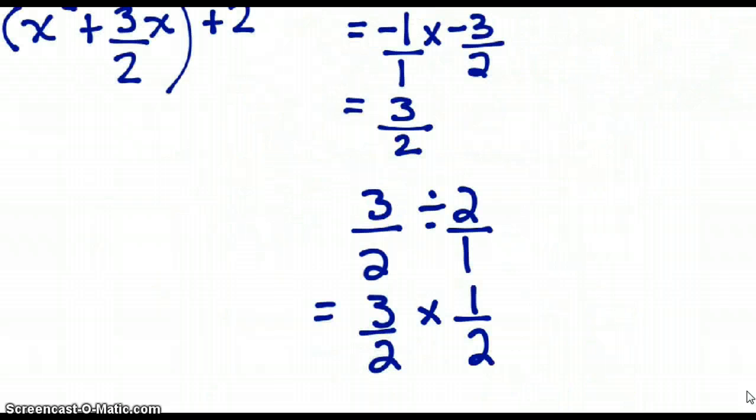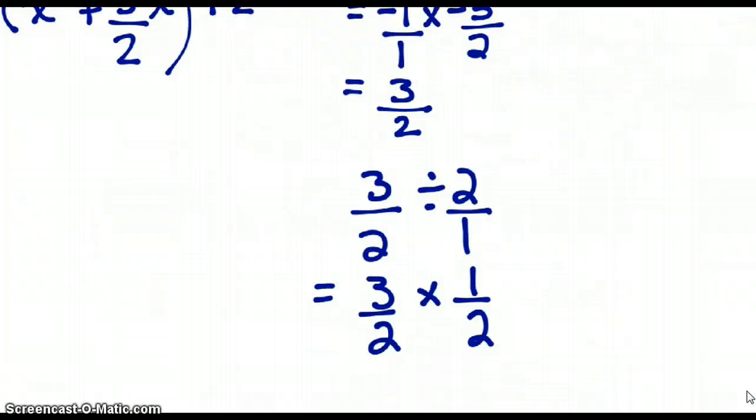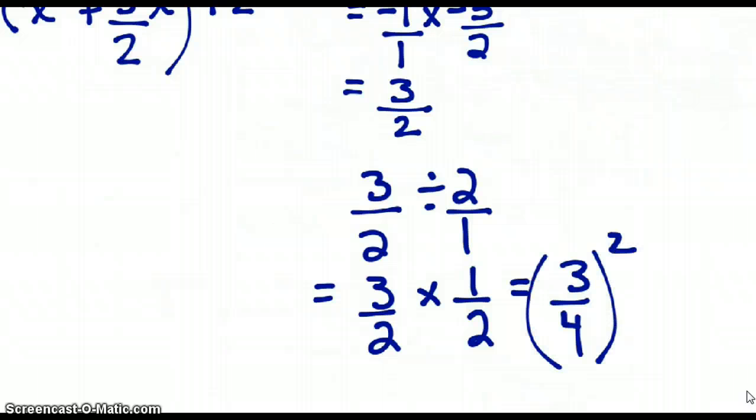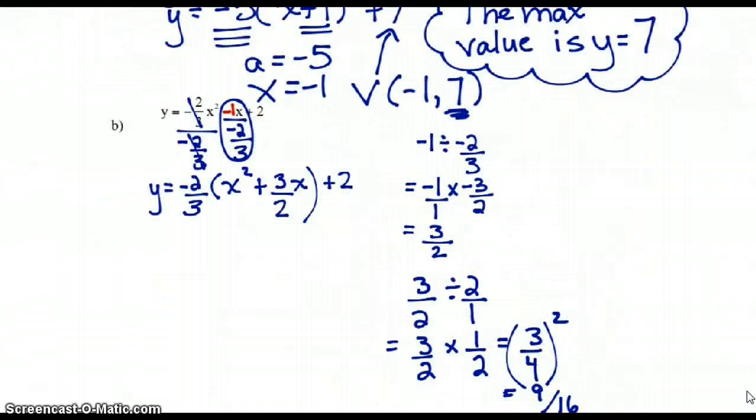Now, 3 over 2 times 1 over 2 is equal to 3 over 4. 3 over 4 squared is equal to 3 times 3, which is 9, and 4 times 4, which is 16. So at this point, 9 over 16 is the amount of tiles that you need to complete the perfect square trinomial.